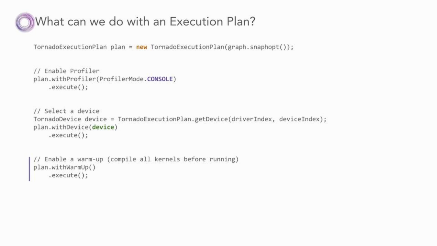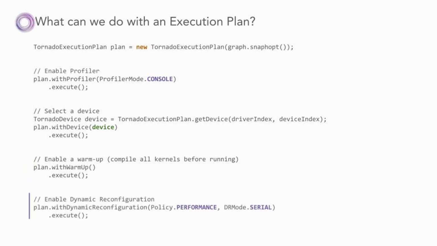And the second step is that Tornado sends this final intermediate representation, for example OpenCL, down to the actual binary. These two combined are on the order of 100 milliseconds. If you don't want that overhead in your measurements, you can just say withWarmUp, and then the next time you call execute, compilation is done.